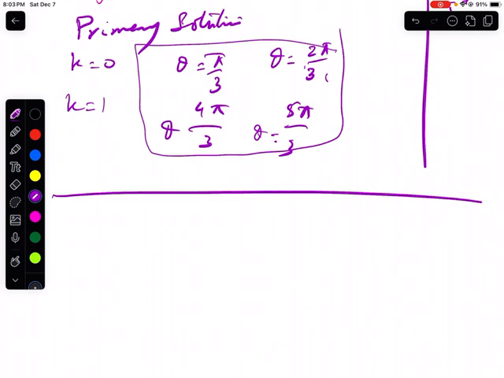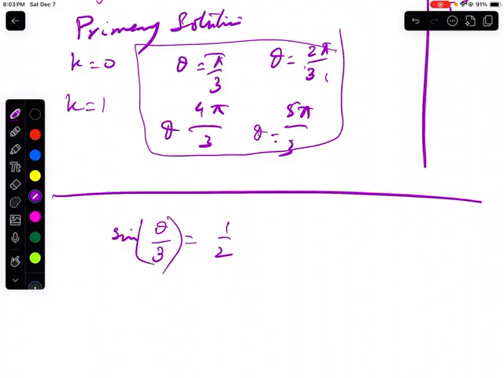So if you have sine of theta over 3 equals 1/2. Now what? So remember, we can have sine of 3 theta equal to 1/2, and I showed you how to figure that out.